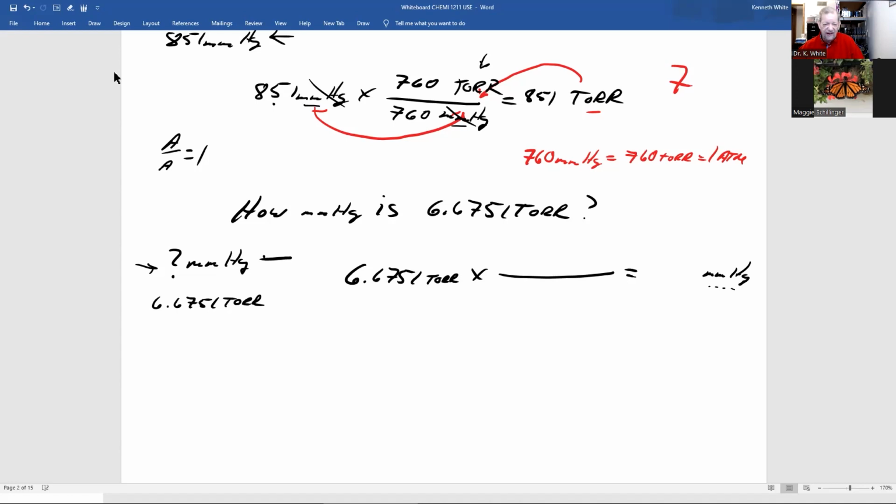Why do we know that? Because we figured it out. Now, what goes on top and bottom of that ratio? Hint, use your good buddy, your good friend. I'll let you try first and then I'll do it. What units go on top and bottom of that ratio?